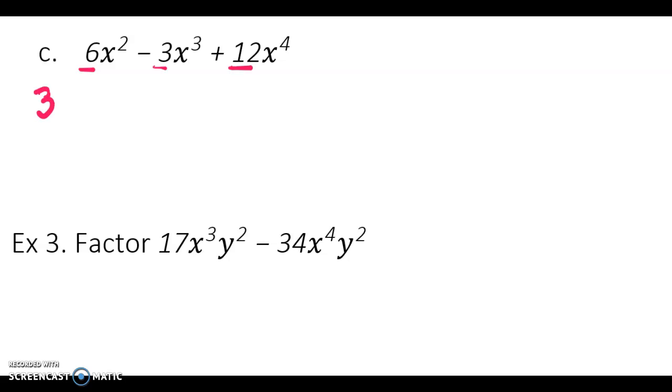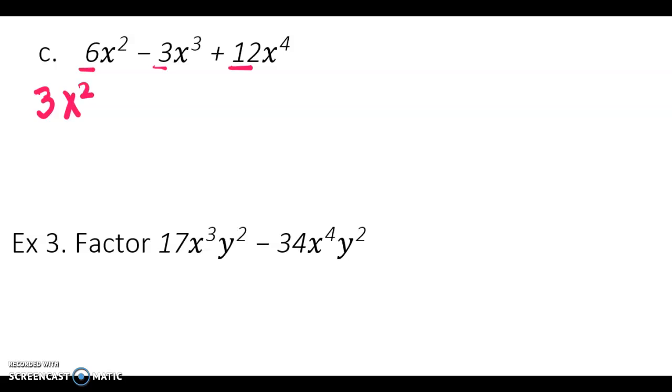So 3 is the highest number that could be divided evenly into all of them. And then when you think about the variables, you have x squared, x to the third, and x to the fourth. So you could divide all of those by x squared evenly and no other higher variable.